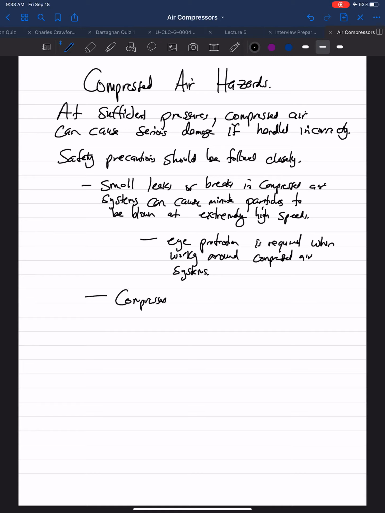Compressors make an exceptional amount of noise while running. So hearing protection is also required.